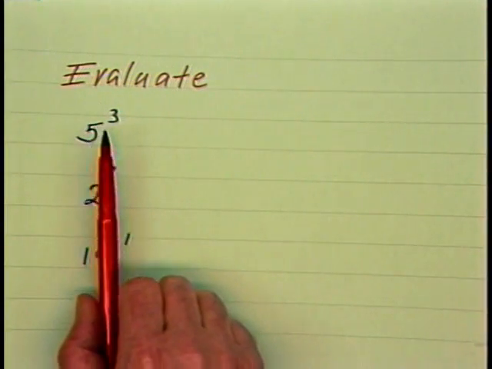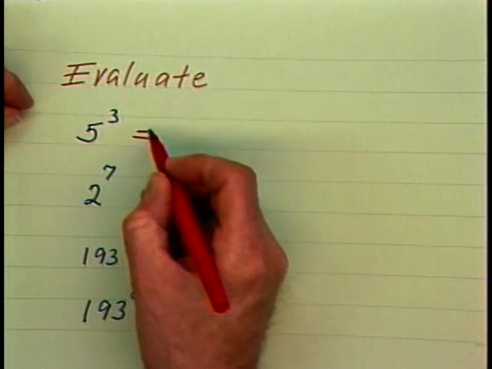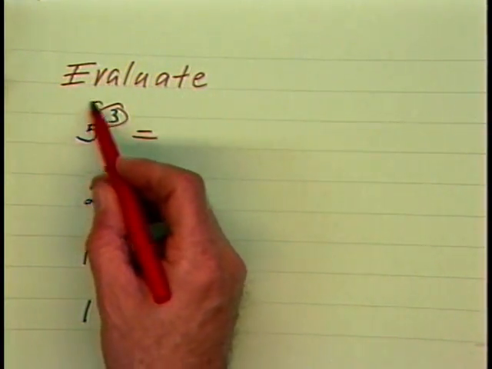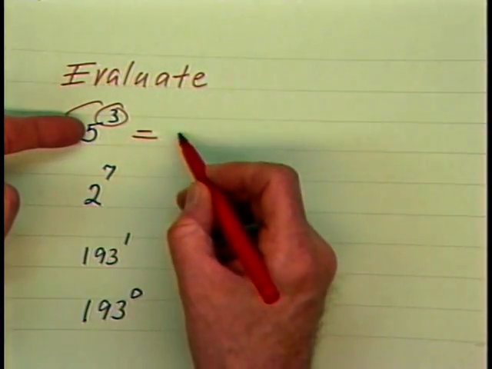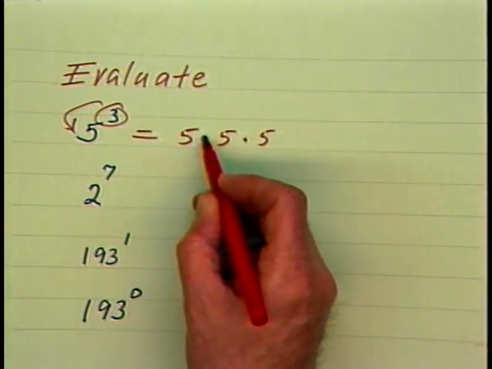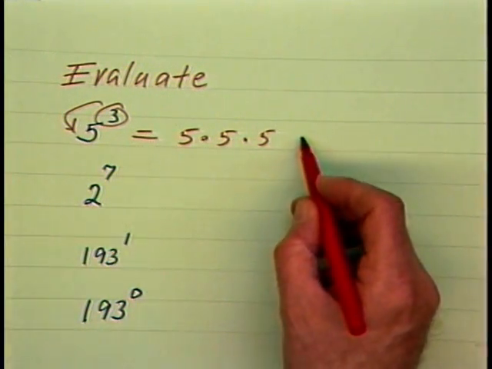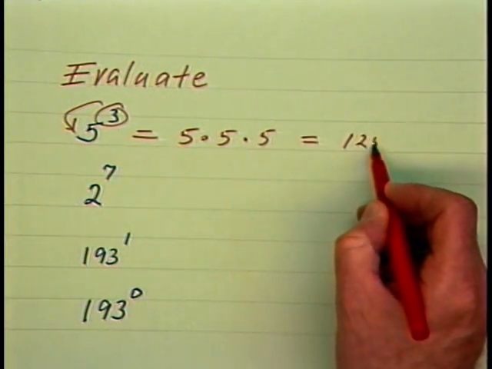So we read this 5 to the third power, and this simply means take this many of these numbers, there are 3 of them, and then multiply. So 5 times 5 is 25, times 5 is 125.